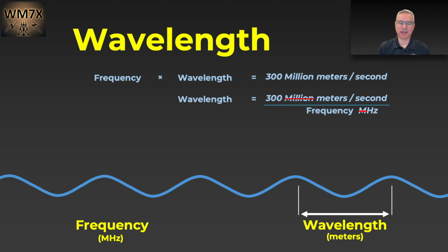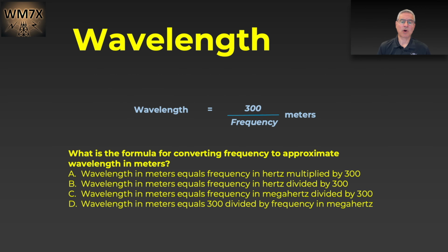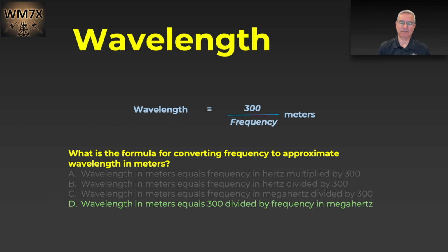And if you remember that hertz is really cycles per second, the seconds cancel out too. And in the end, it's just wavelength in meters equals 300 divided by the frequency given in megahertz. And that's actually a pretty useful thing to know. In fact, one of the exam questions is about that exact topic, and you know the answer. Wavelength in meters equals 300 divided by frequency in megahertz.